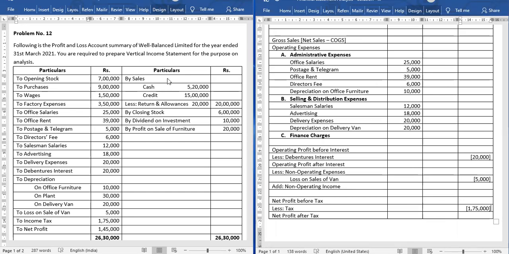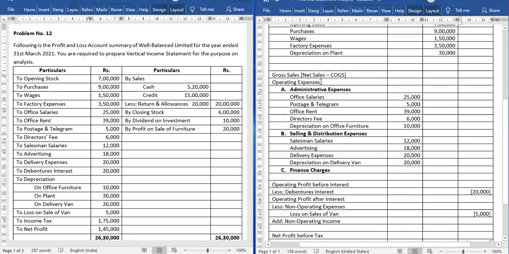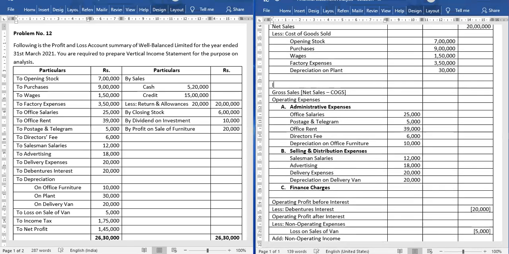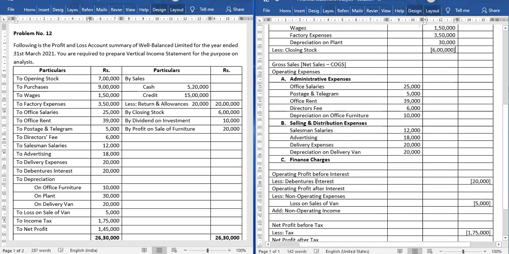Then okay, sales done, return done. Then closing stock. Closing stock is less from COGS. Then here less closing stock. Closing stock is 6 lakh. Dividend on investment, non-operating income.